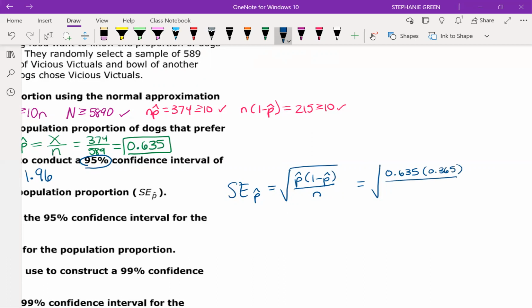And N, our sample size, once again, is 589. So we multiply on top, divide by 589, and then square root. So I get 0.0198 for my standard error.